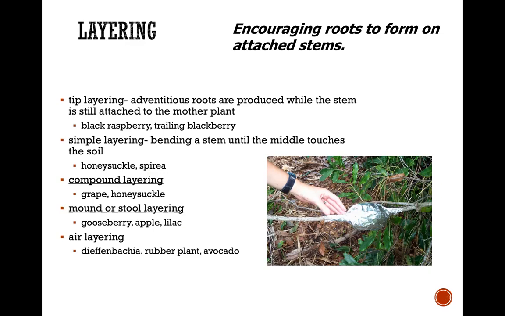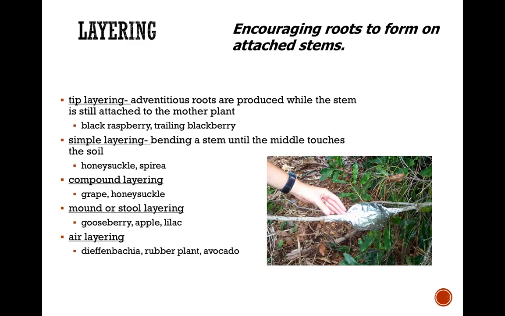It's also the case that you can induce this adventitious root growth on stems of plants that you have not removed from the mother plant. So all the examples we looked at before, we're taking cuttings from stems off of the plant and then rooting them elsewhere. But we can also do layering, whether it's tip or soil or air layering.